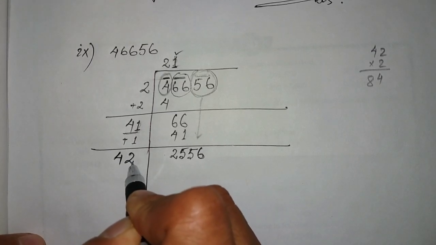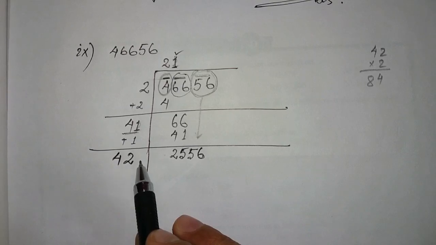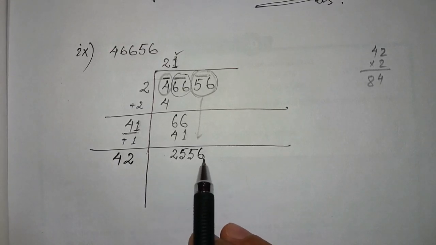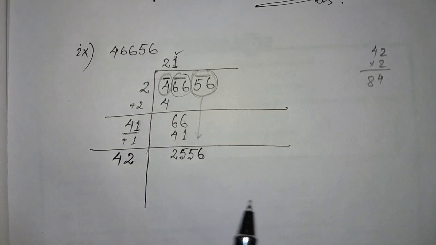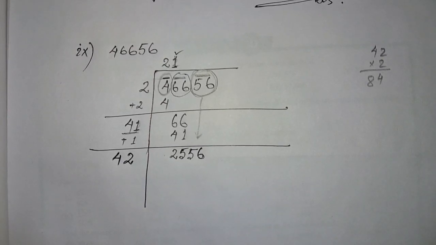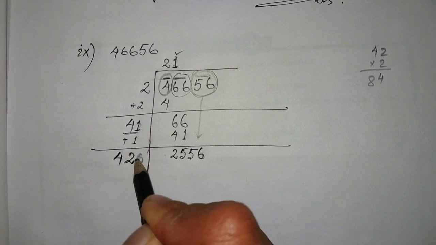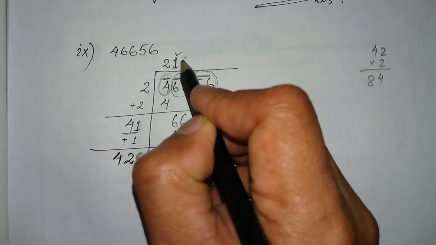Now after that we will think of a number to write here. The last digit here is 6. So we know that 6 6s are 36. So we can try with 6. Let's try with 6. Yeah. If we write 6 here, then we have to write 6 here.